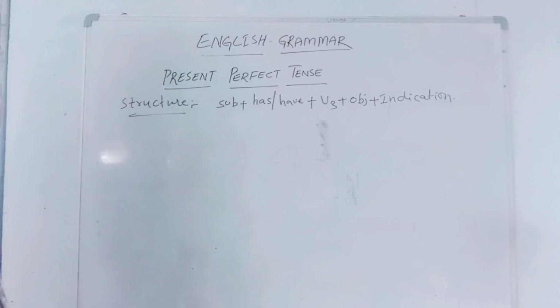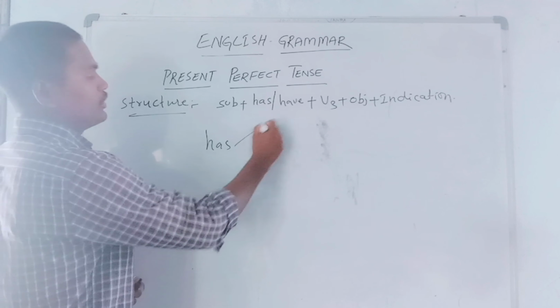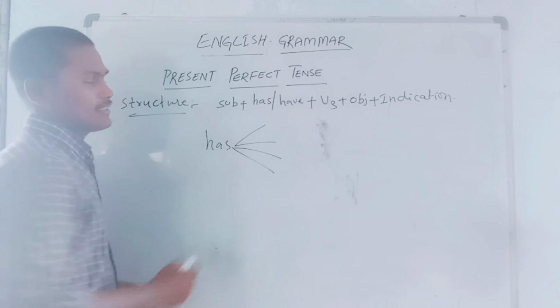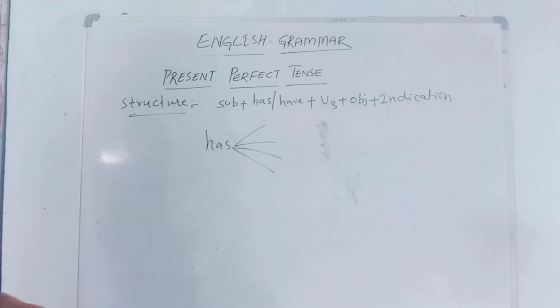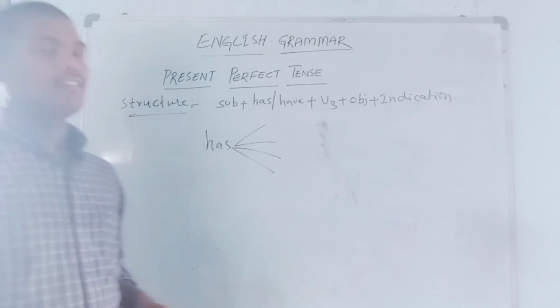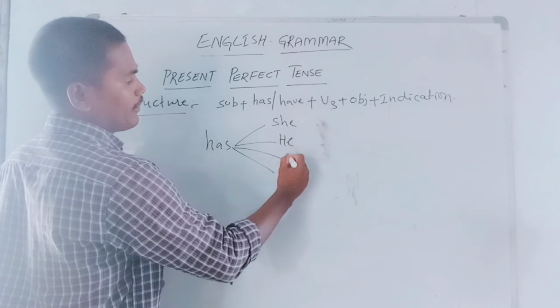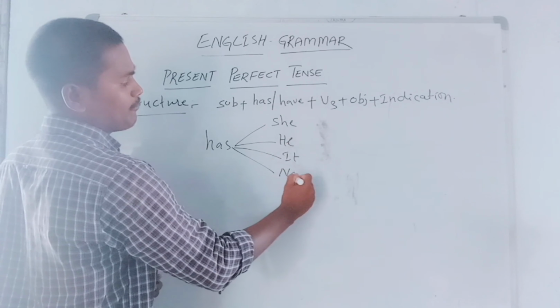So before starting the examples, let us know where we should use has and where we use have in the sentence. Firstly, has. We use has after all third person singular subjects. Look, my dear students, we have four third person singular subjects: she, he, it, and name.